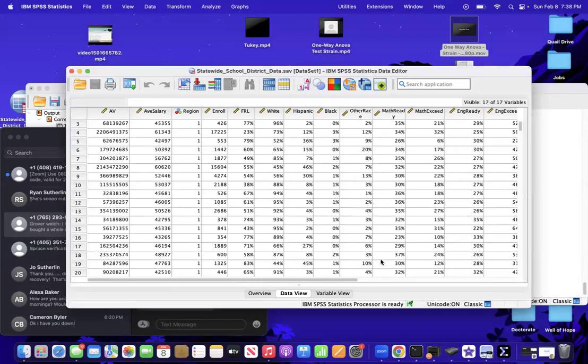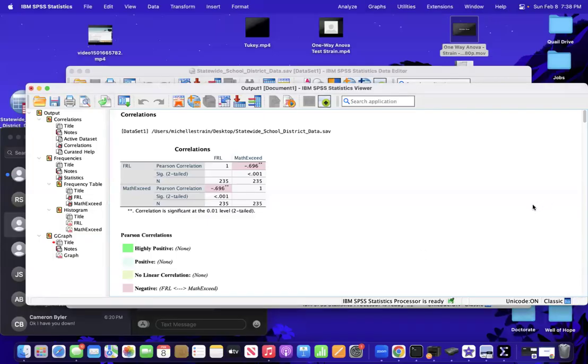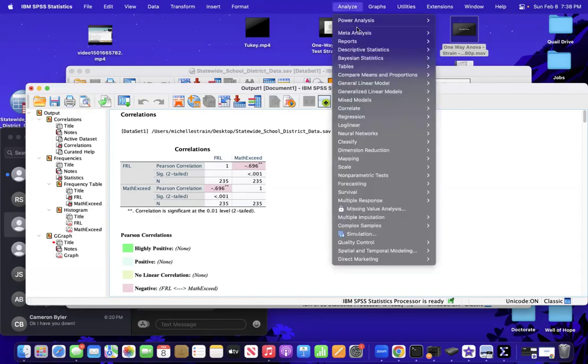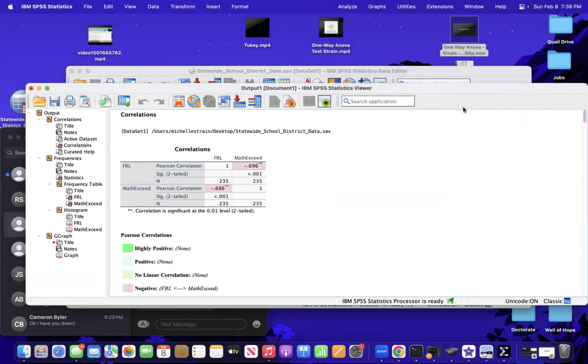And then we're going to go in and do our assumptions and check if our assumptions are correct. So what we've done first is we've gone to SPSS and gone through Analyze, Correlate, Bivariate.